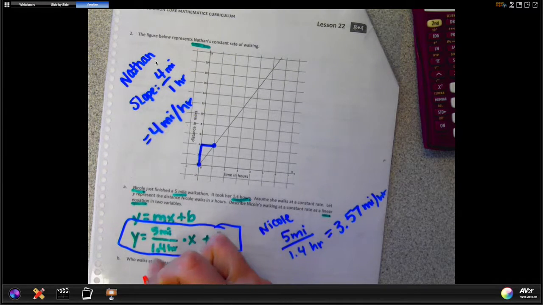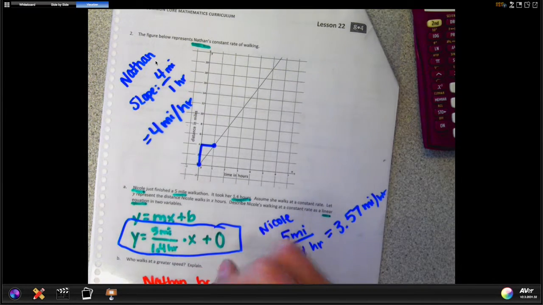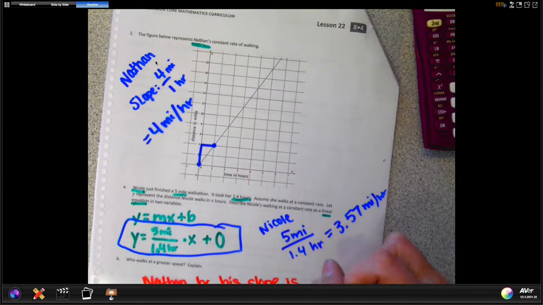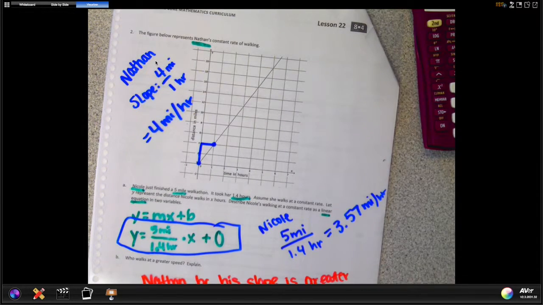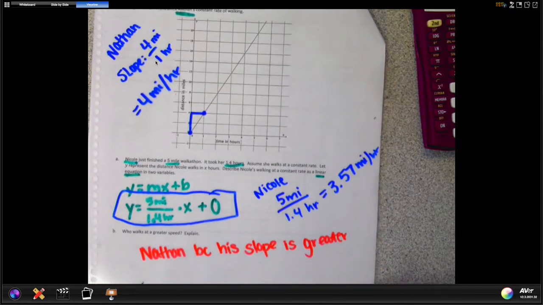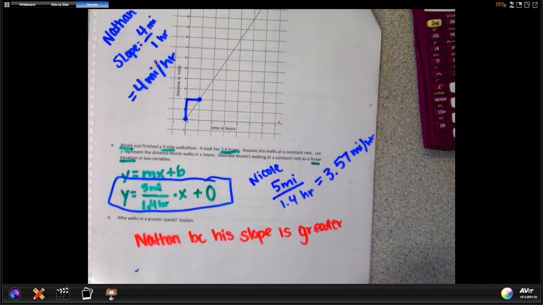Nathan walks at a greater speed because his slope or rate of change or constant rate is greater. Okay, and the following lesson is going to be all based on this.